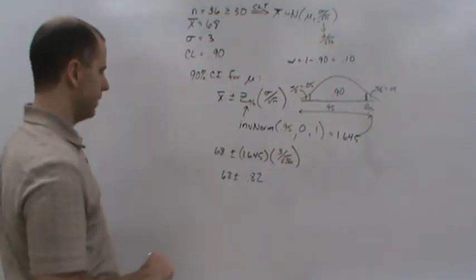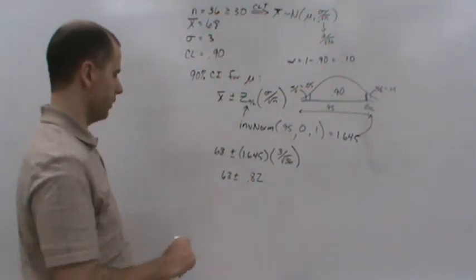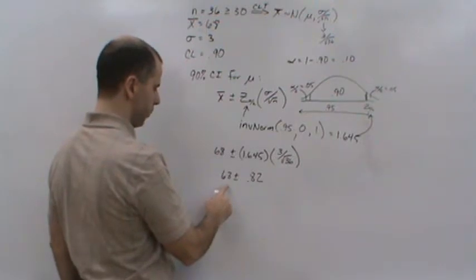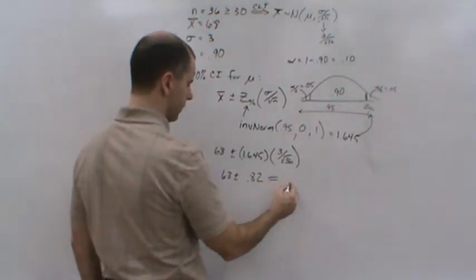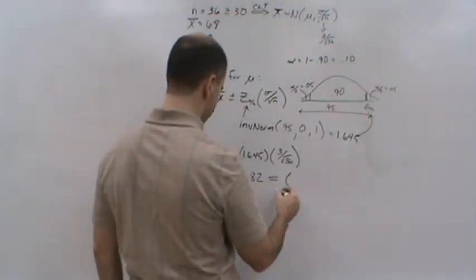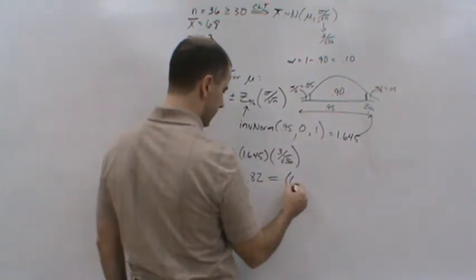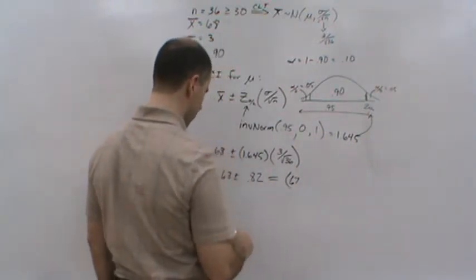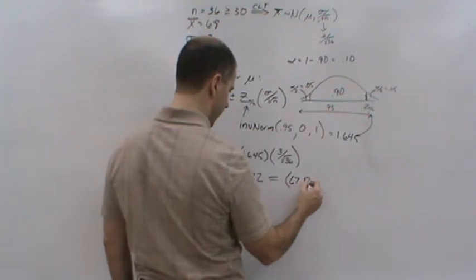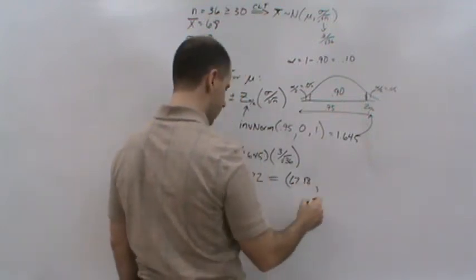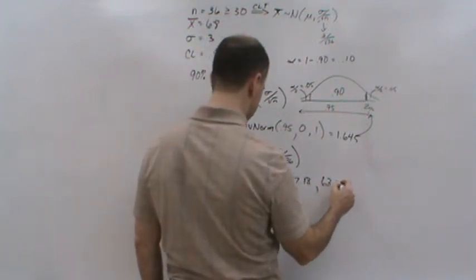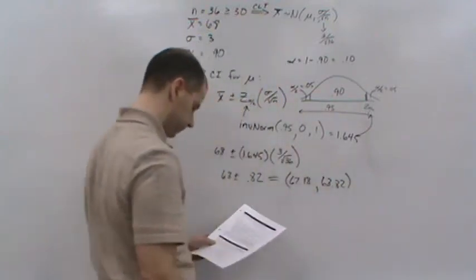And so that is the margin of error. Here's our point estimate. So what does that give us? That gives us 67.18 to 68.82.